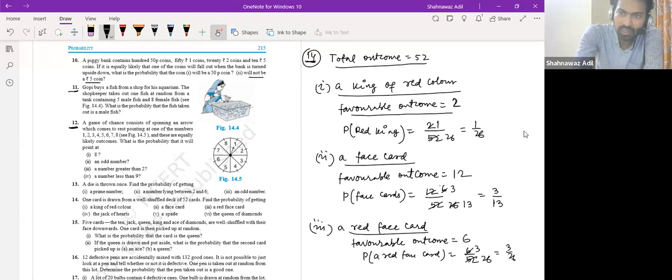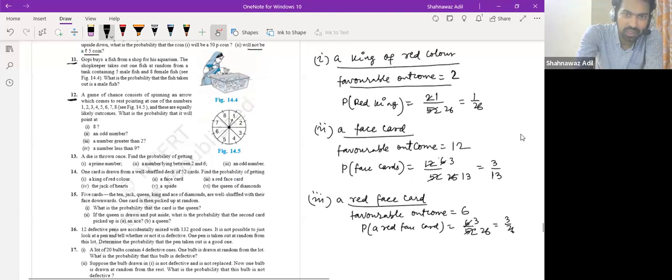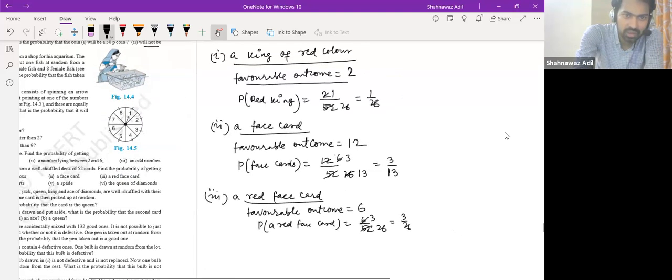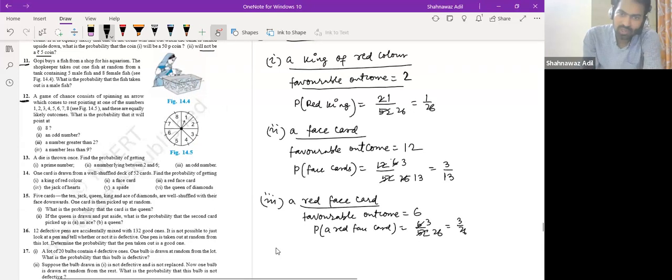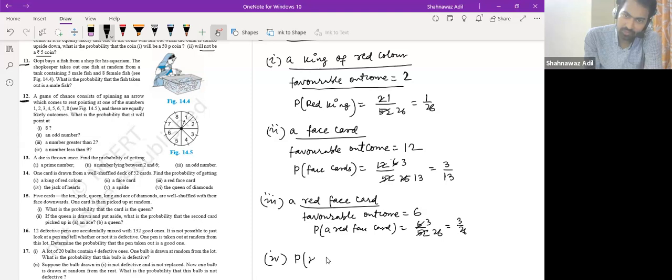And then the Jack of Hearts. What is the favorable outcome? Let me write it directly. Jack of Hearts. What would be the probability? 1 by 52.